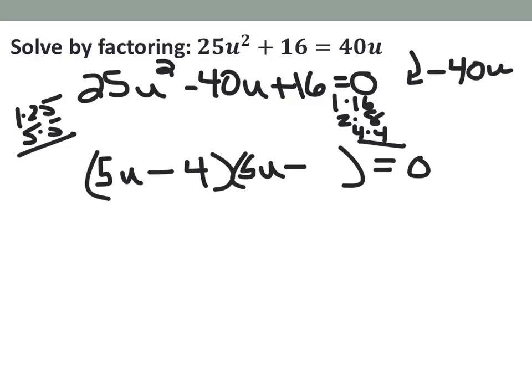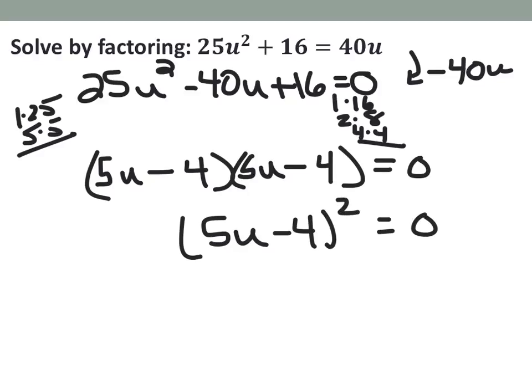Let's check. 5u times 5u is 25u squared. Negative 4 times negative 4 is 16. Now the OI middle terms. Outside, negative 20u. Inside, negative 20u. Add them together and get negative 40. And that works. So that really is 5u minus 4 quantity squared, because the factors are the same.